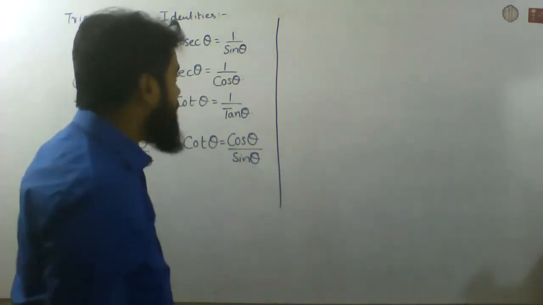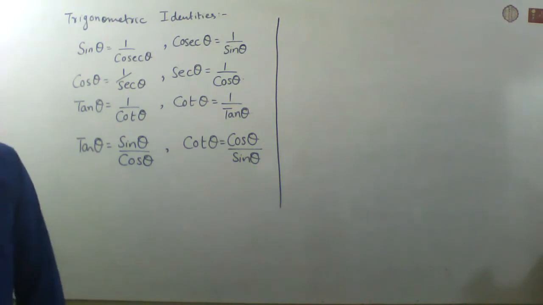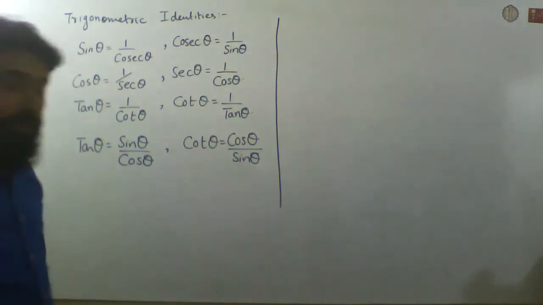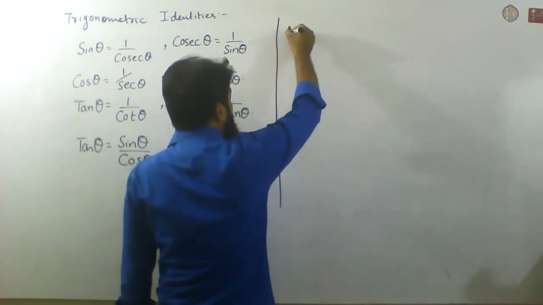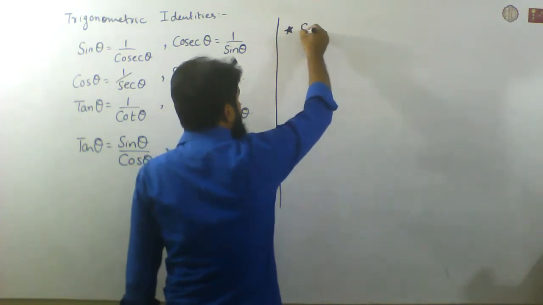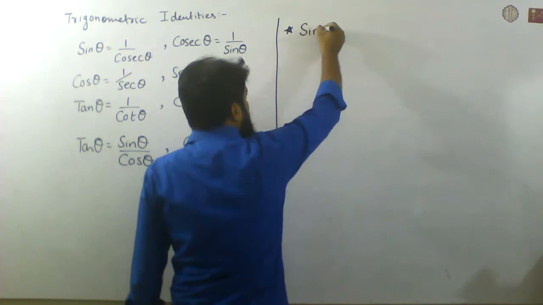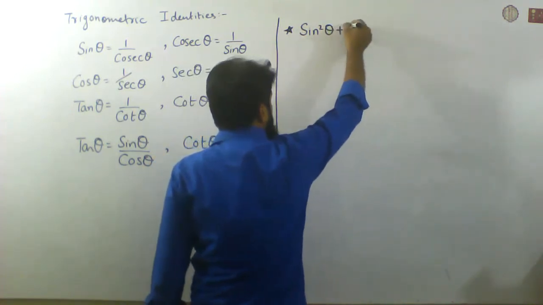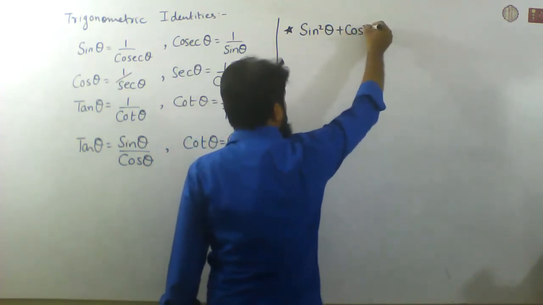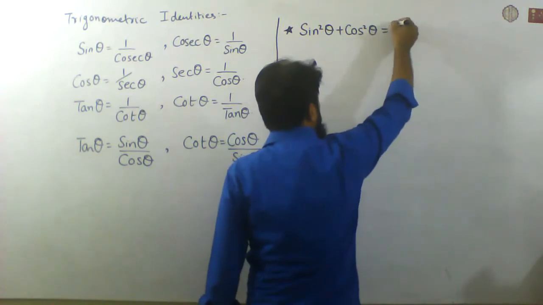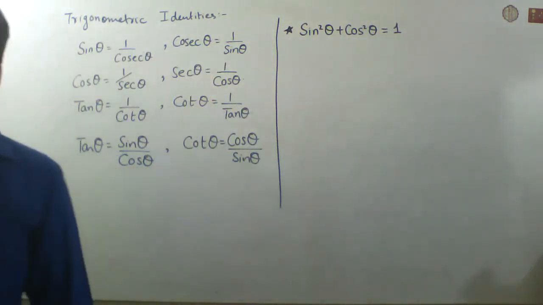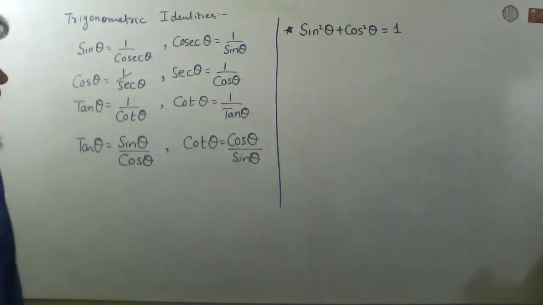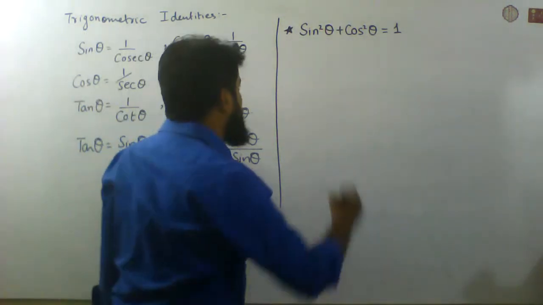Now I am going to talk about squaring identities. What are the squaring identities? The first squaring identity is sin square theta plus cos square theta equals 1. What are the different variations you can have?